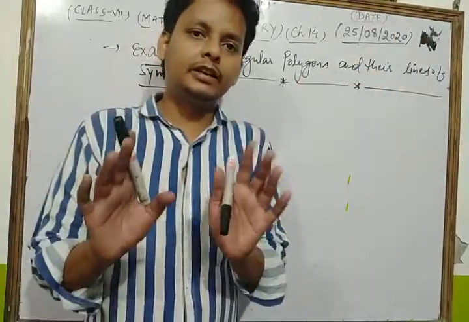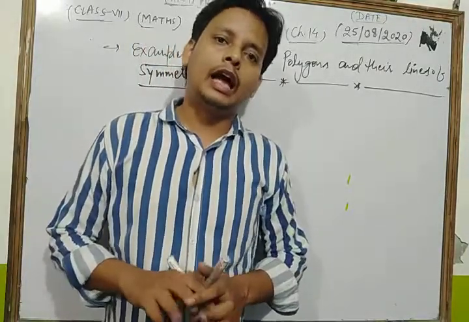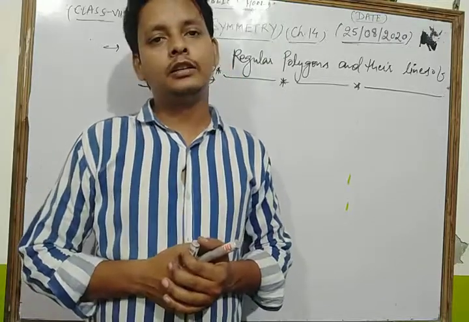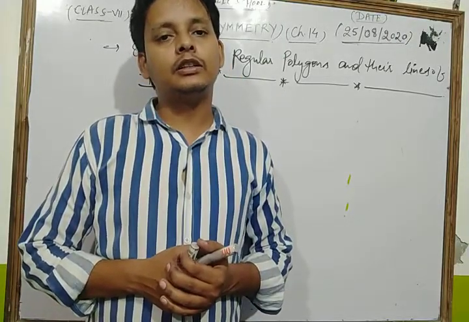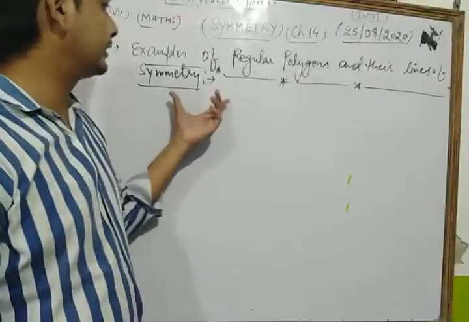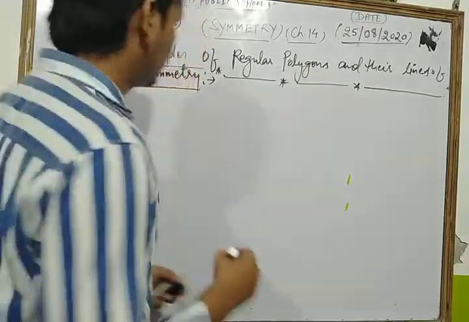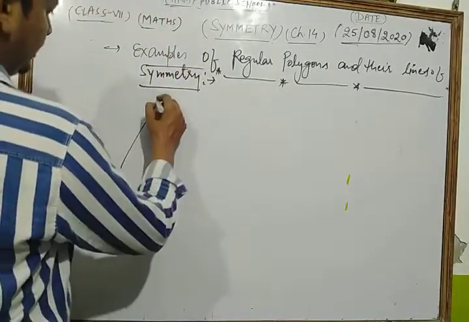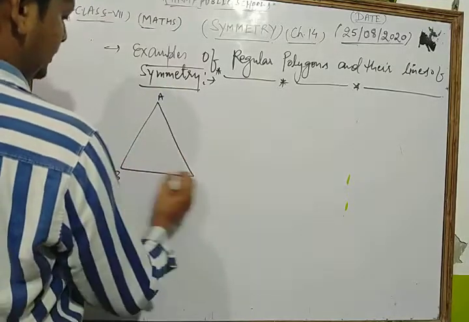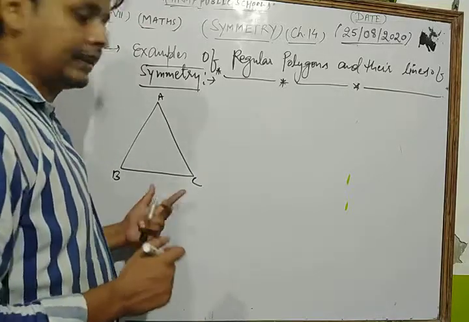Any polygon is said to be a regular polygon if all sides are equal and each angle is also equal. Now here we take some examples of regular polygons and their lines of symmetry. First example, take an equilateral triangle ABC.